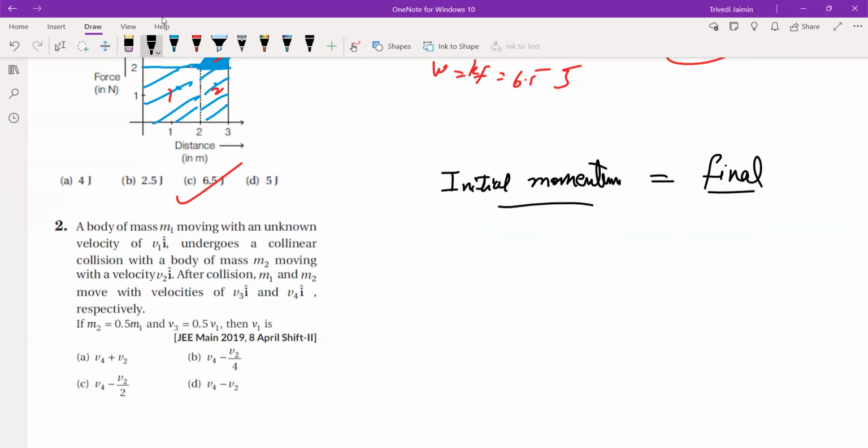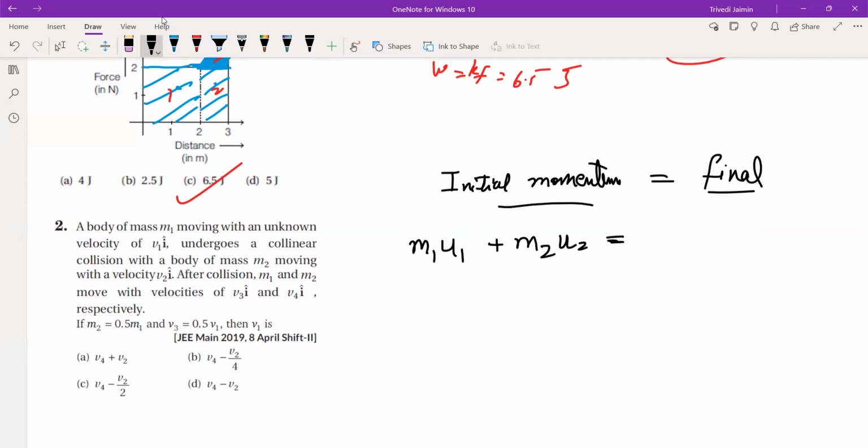So initially there are two particles. One is in one condition, one is coming and striking it. So M1 mass for the first particle, velocity at the initial stage, then mass of the second particle, velocity of the second particle at initial condition. Then this is colliding.